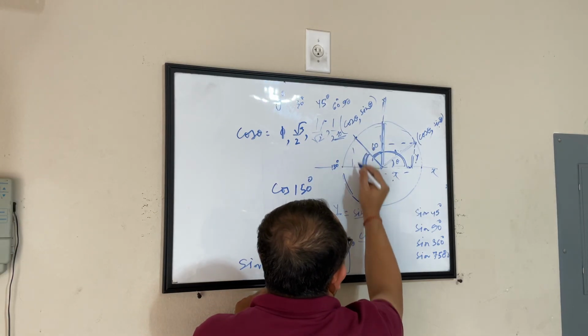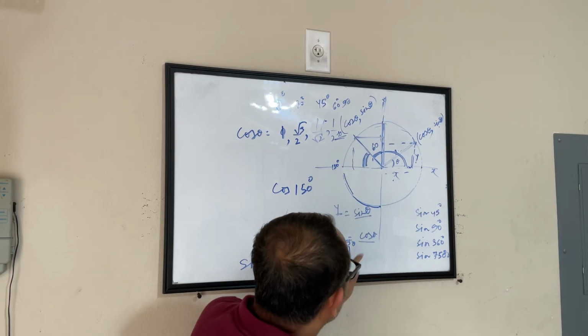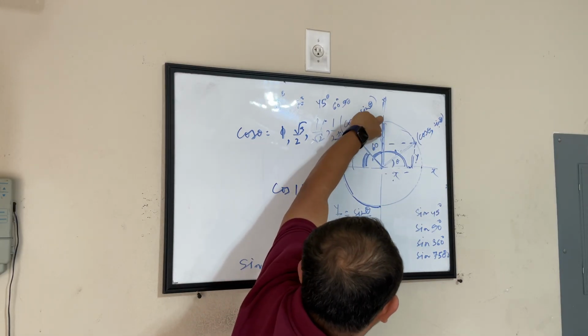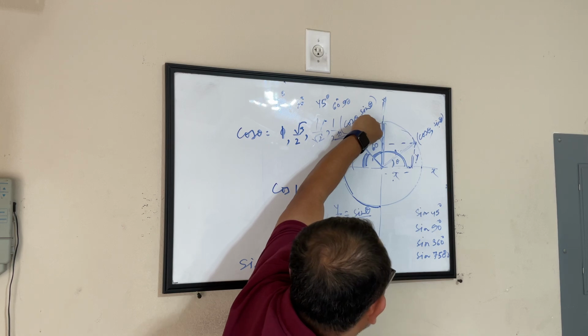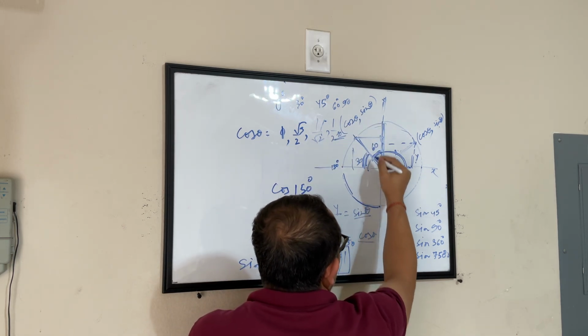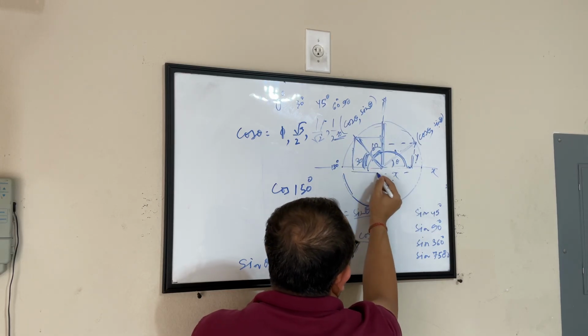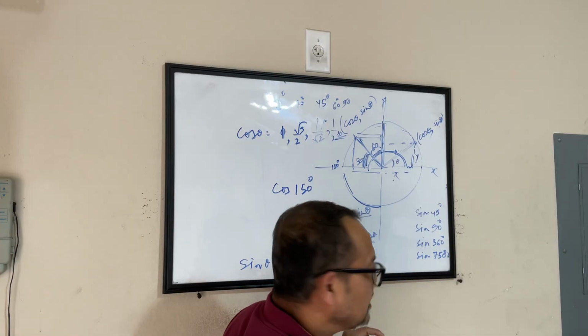So basically, cos is the x component, right? So I can say cos of 60, this length, or I can say this 30 degree, because here to here is 90, so if I remove 60 from this it is 30 degree. So whether I find this length or this length, both are same.